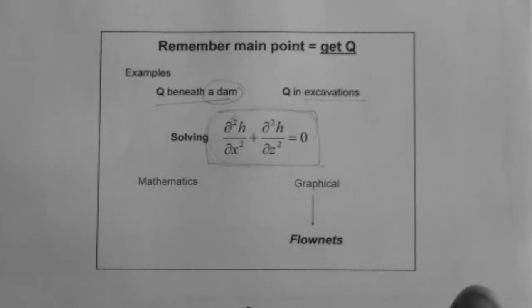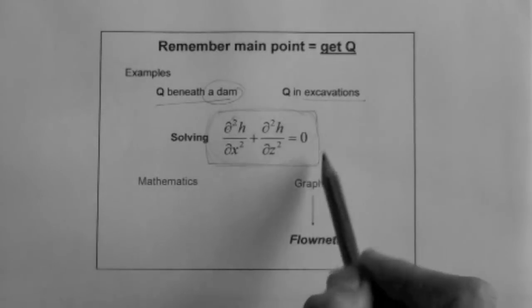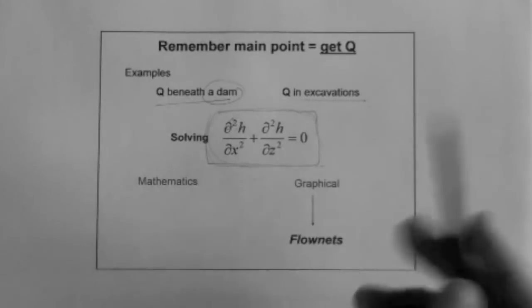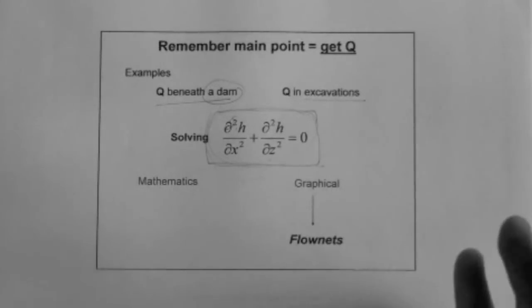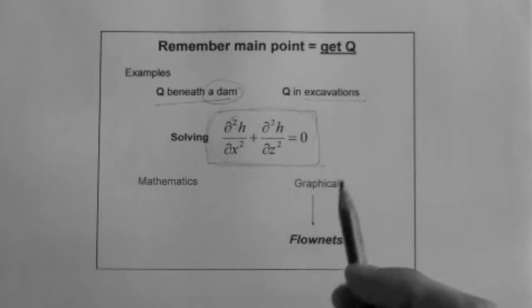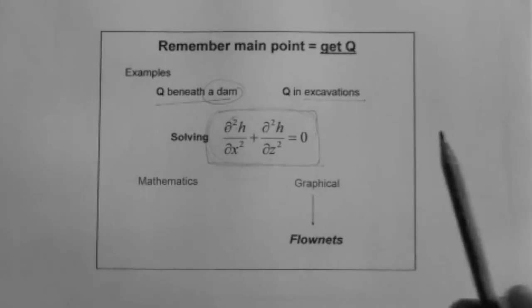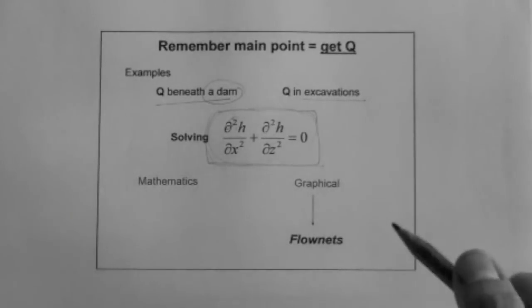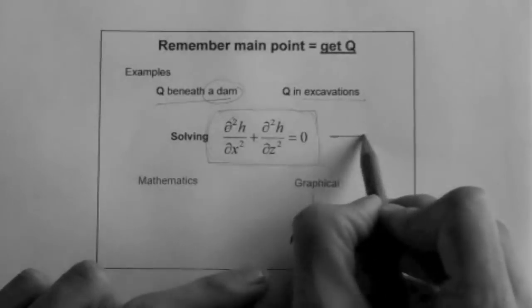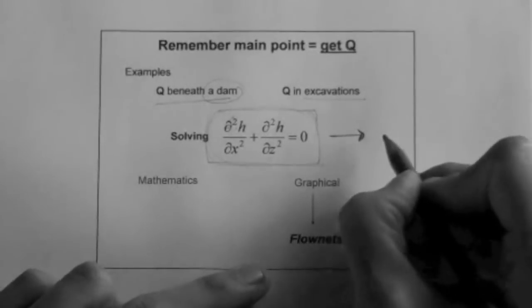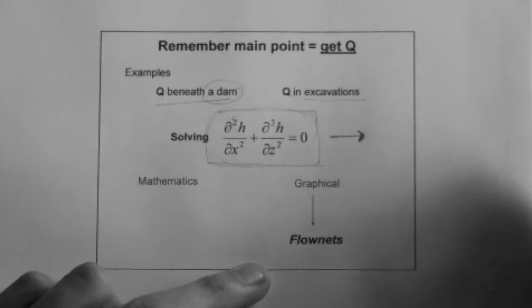So what will we get? When you solve a partial differential equation, in this case of the second order, what do you get? Do you get a number? Do you get an answer? 3.5, 7, whatever? Or what is it that you get? Well, if you remember correctly, what you get is an equation.